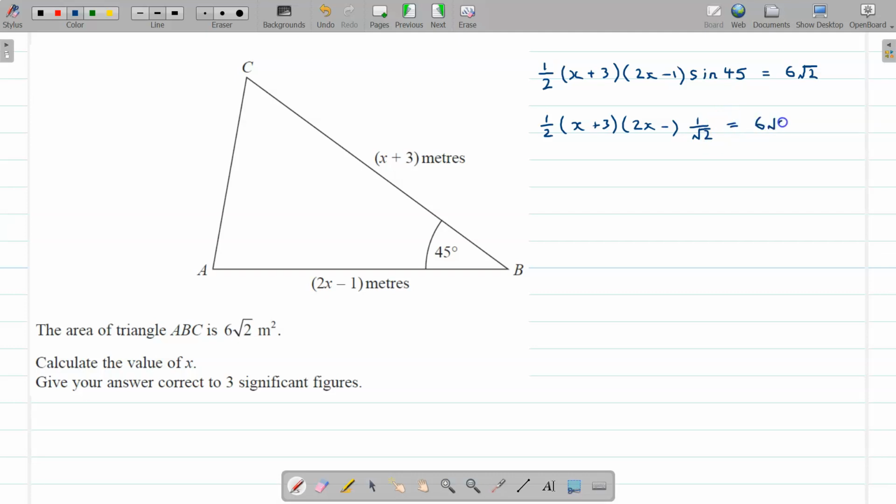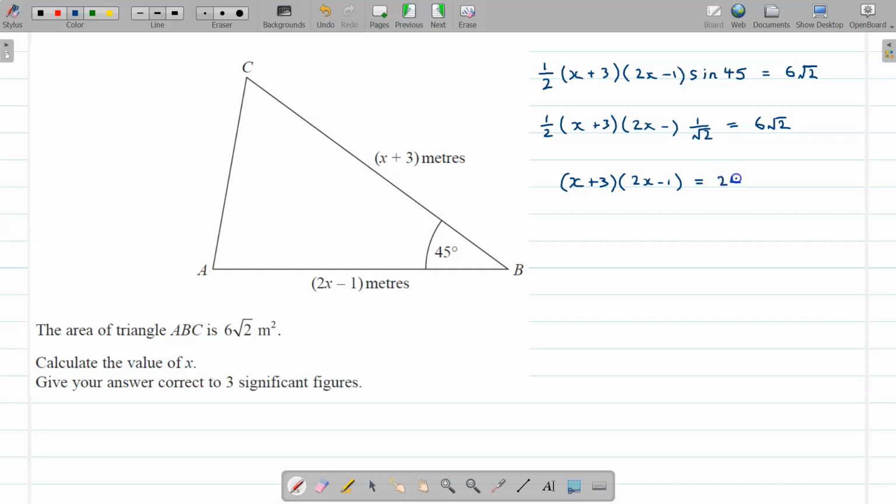Now if we multiply it by 2√2 to clear the fractions, we get x plus 3 times 2x minus 1. If I'm multiplying by 2√2, it's going to give me 12 times 2, which is 24.